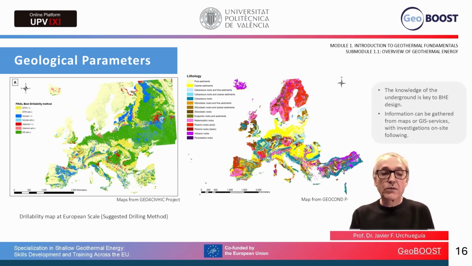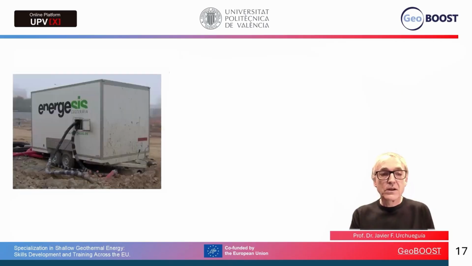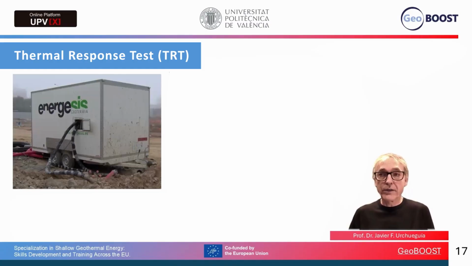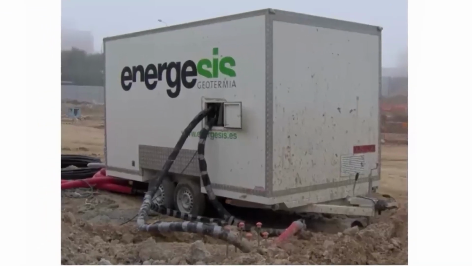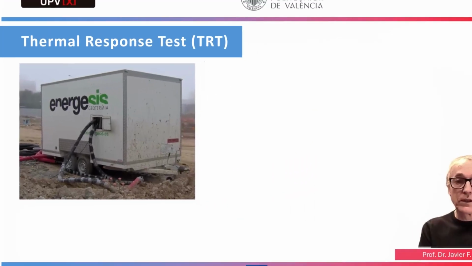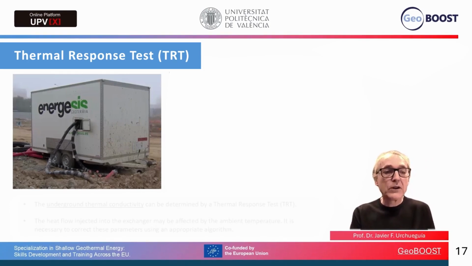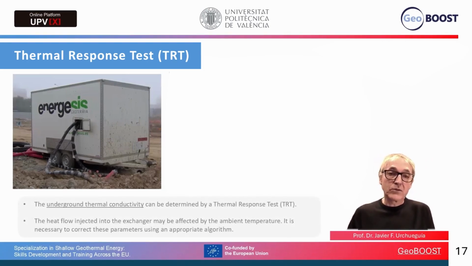If there's not sufficient information about the conductivity, these soil parameters, or the most appropriate technology to install our shallow geothermal system, there are often thermal response tests, which are the installation of an actual borehole heat exchanger, coupled to a device, like you can see in the left part of the picture, which injects heat into the underground during typically 72 hours or more, in order to study the response of the underground to this temperature injection.